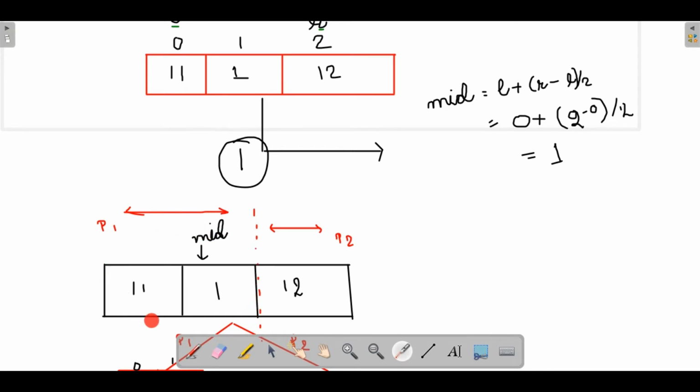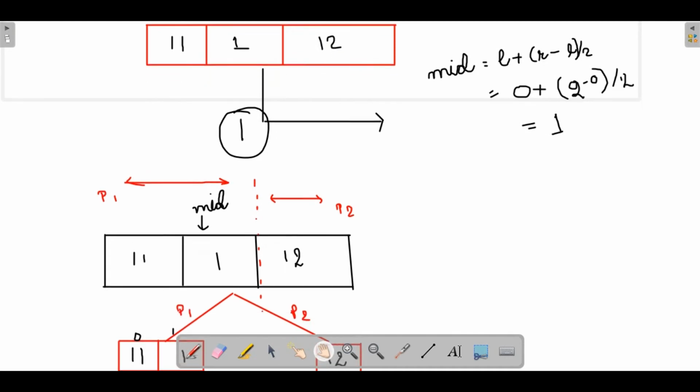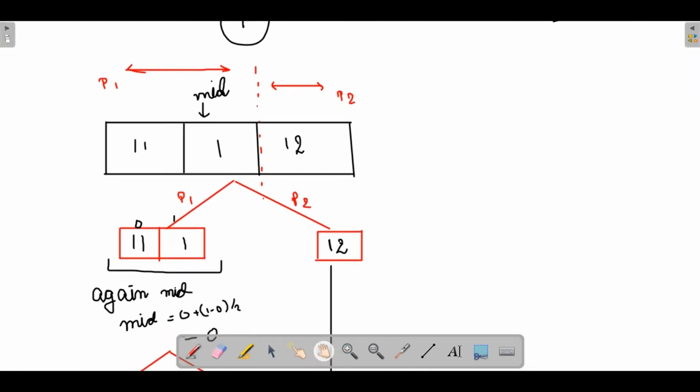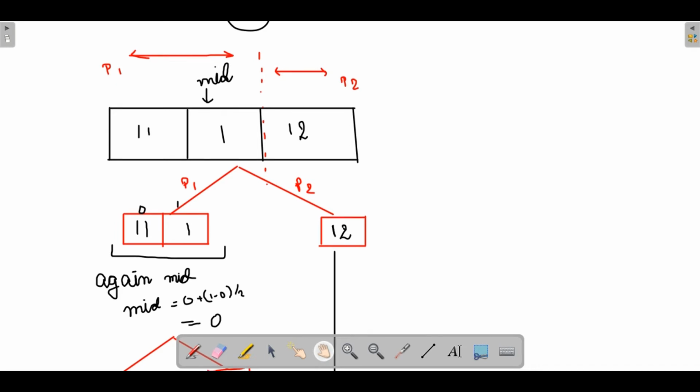Now this would become a separate array, and this would become a separate array, logically, not physically, because it is all applied in your code. After that, again we apply this merge sort algorithm. We got our mid as 0 plus 1 minus 0 by 2, so we would be getting mid as 0.